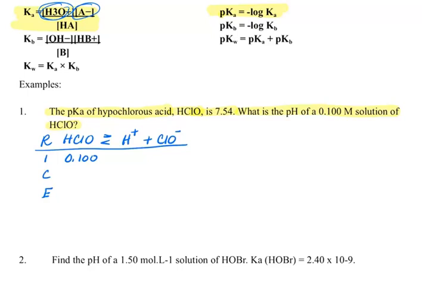To start with, again, just like what we've done before, we have all the acid. We have none of it dissociated yet, so those are zeros. And now we're going to subtract and add.